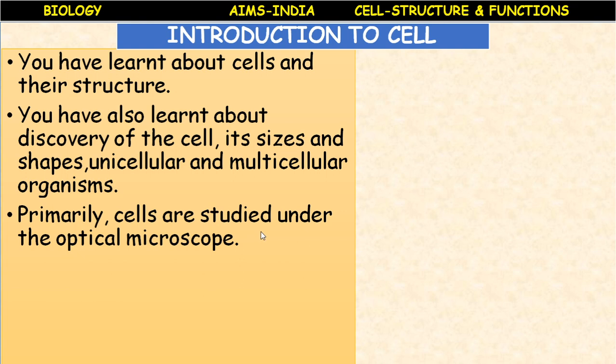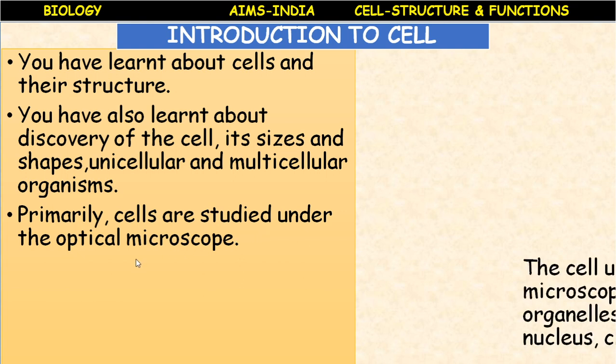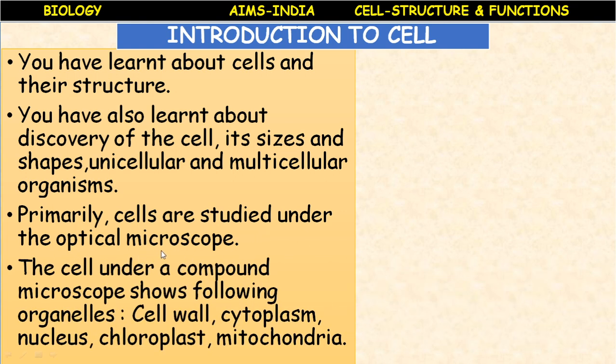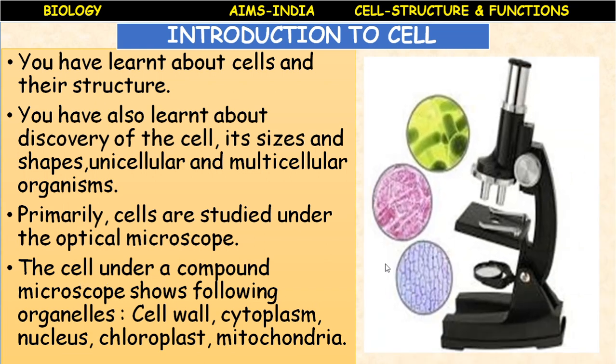Primarily, cells are studied under the optical microscope, the simple microscope. The cell under a compound microscope shows different structures or organelles: cell wall, cytoplasm, nucleus, chloroplast, mitochondria, etc. This is an optical microscope, a normal compound microscope, with which we can study already prepared slides.